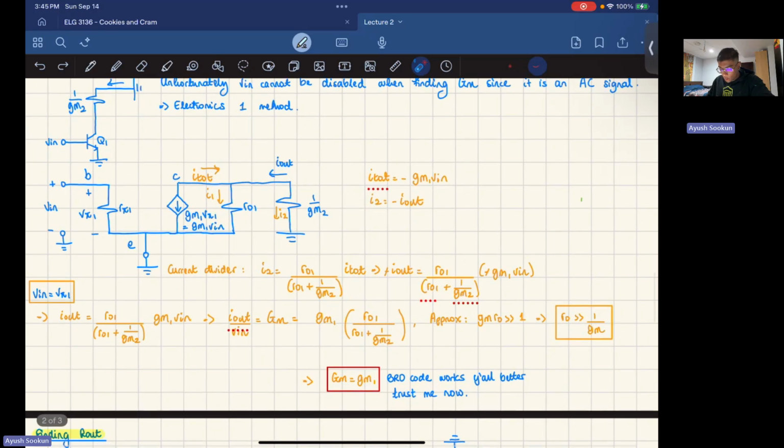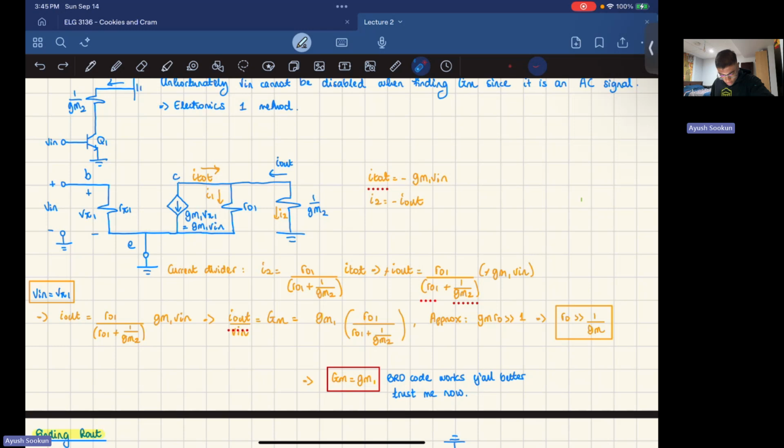Okay. Now the current divider equation, if I want to find this current right here, is going to be this resistor over the sum of the two of them. All right. So RO1 over RO1 plus 1 over GM1 times the total current going in.